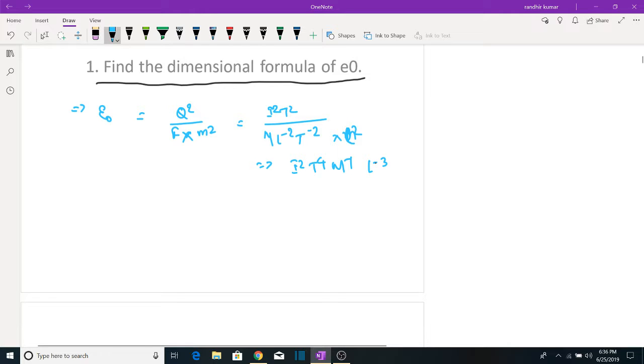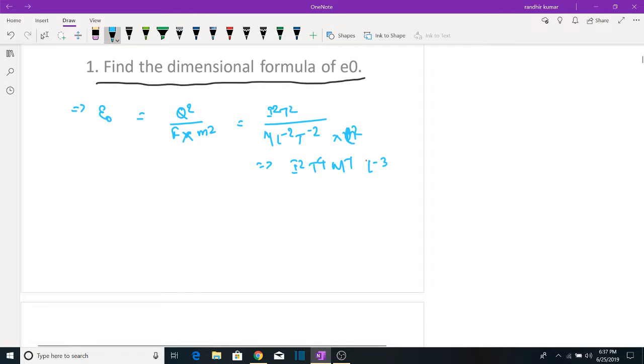The dimensional formula of epsilon naught. Clear? So this is the dimensional formula of epsilon naught.